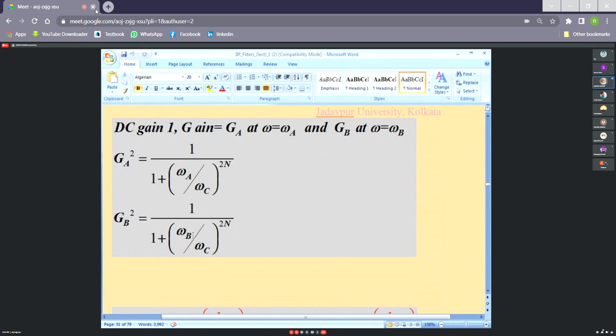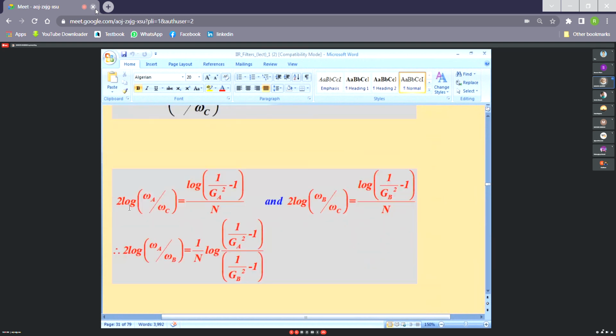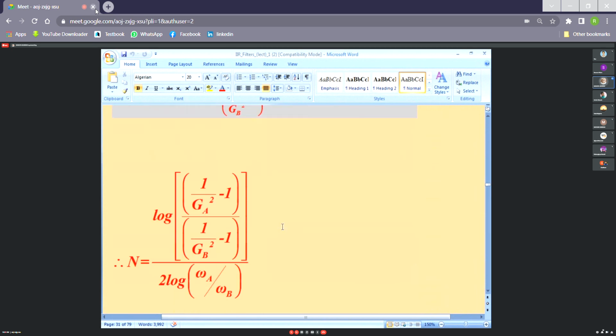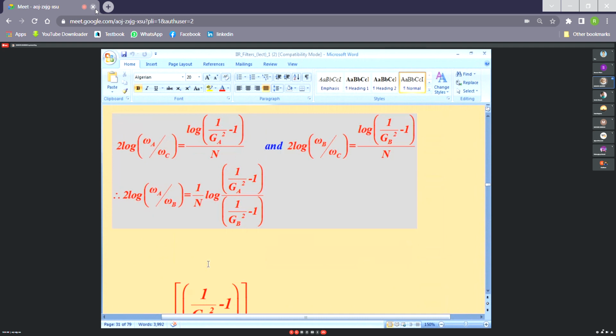From these two equations, you have to find out omega C and N. So you get 2 log omega A by omega C given by that expression, and 2 log omega B by omega C given by this expression. So finally, you get n given by that expression, and once you get the value of n, the cutoff frequency can be obtained from any one of these equations.